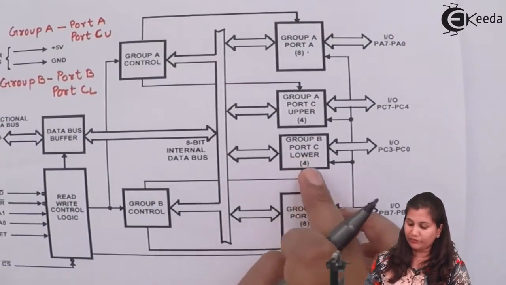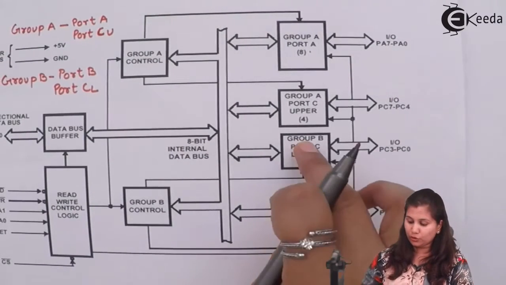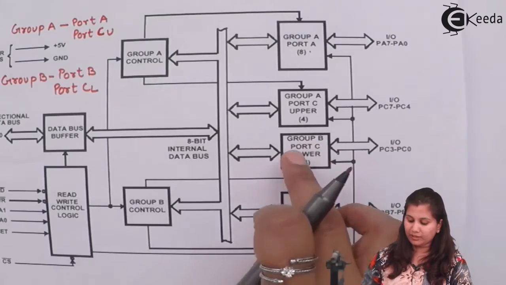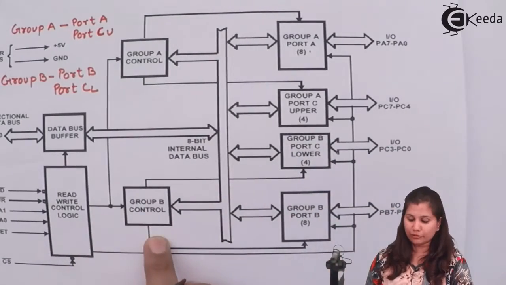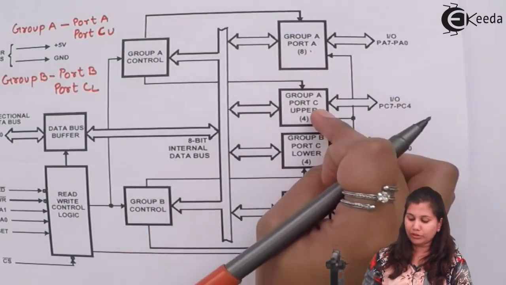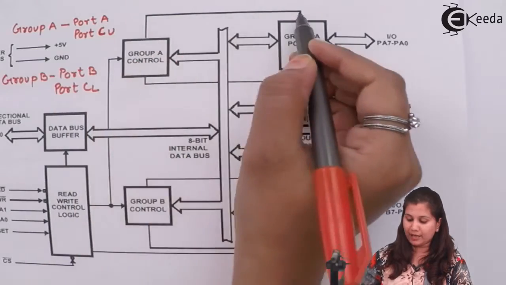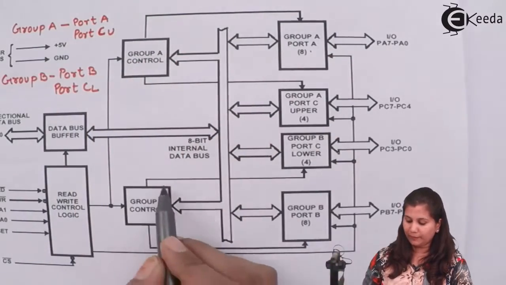Then port C lower, we have PC3 to PC0. So these two ports are controlled by group B control, and port A and port C upper are controlled by group A control. The lines are going to each of the ports.